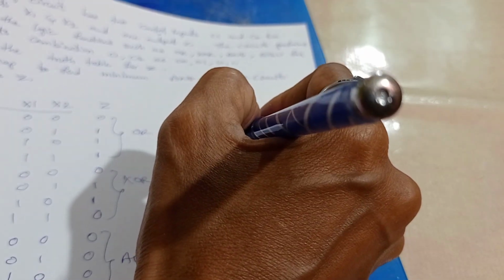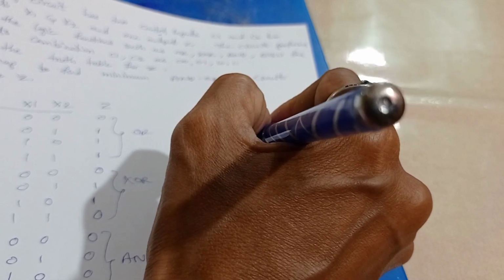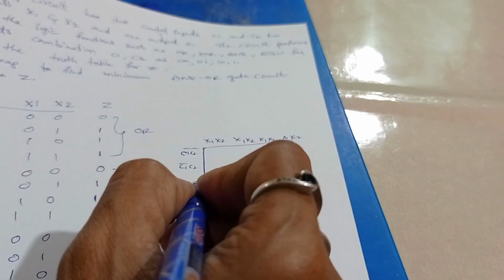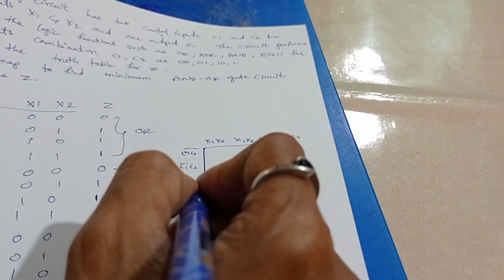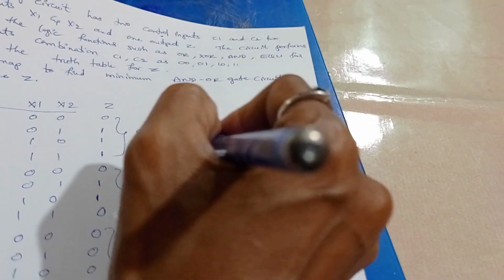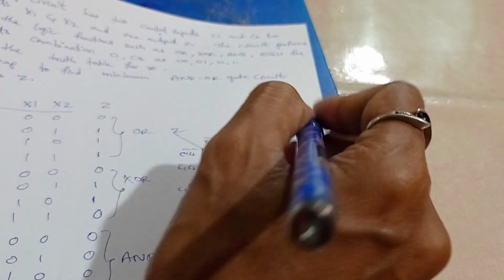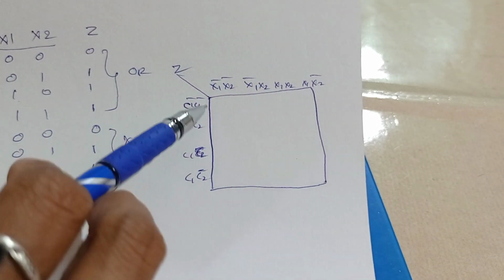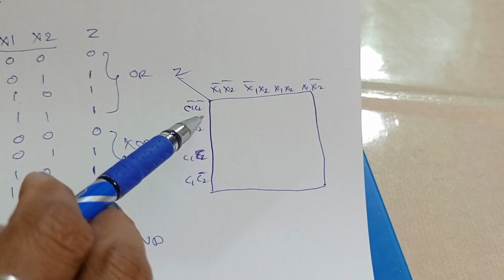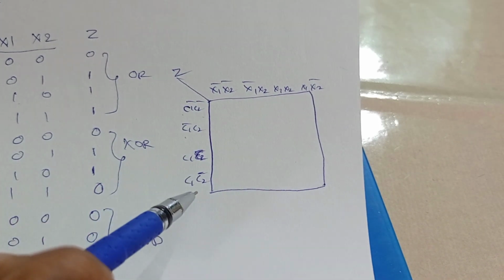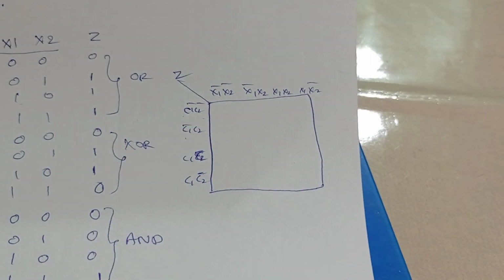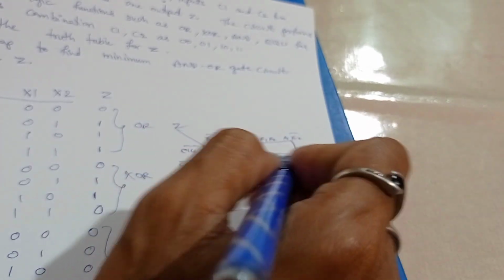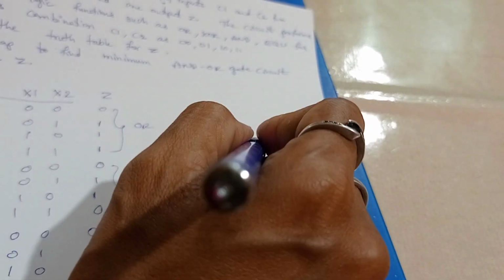Control inputs and data inputs. For Z, one side control inputs and one side data inputs. Both bar, C1 bar, next C2 bar. Now we'll fill the K-map in the particular cells.